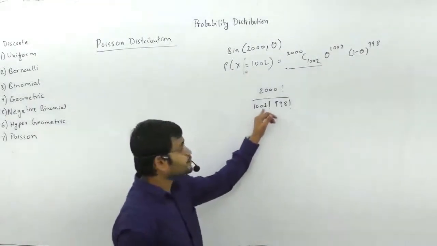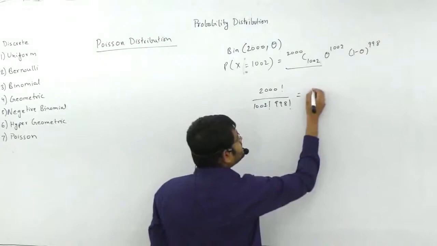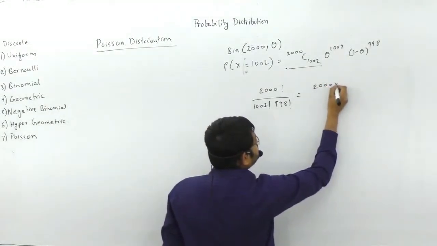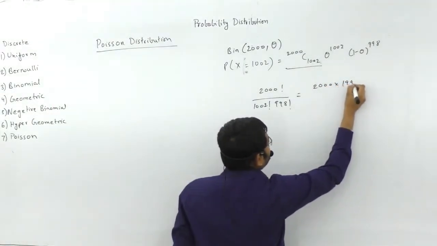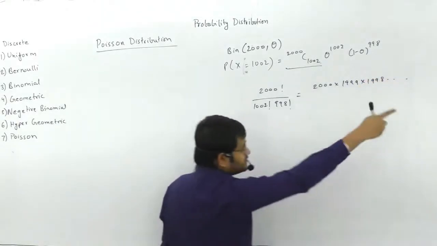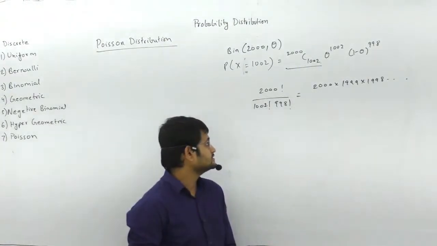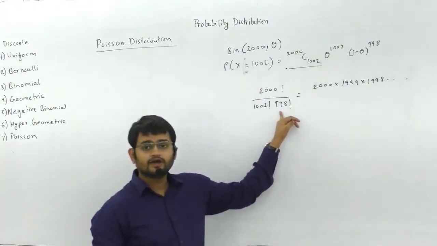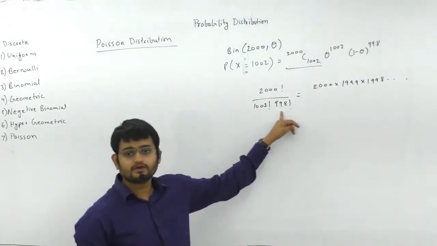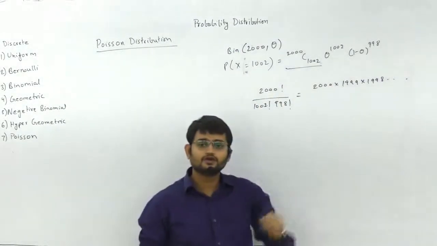Even if you cancel 1002 factorial from 2000 factorial, you will still be left with 2000 into 1999 into 1998, and so on, 998 different values, divided by 998 factorial. It's such a large number that it will be very difficult to calculate.